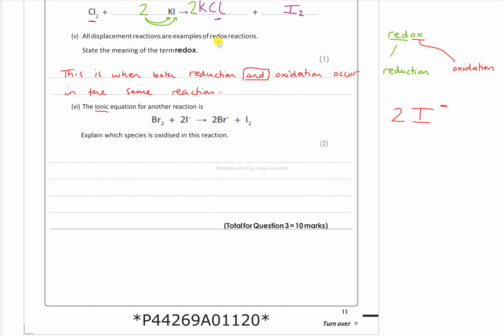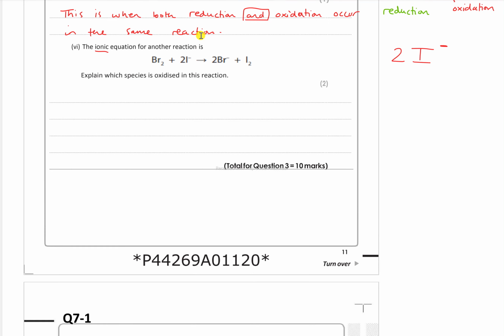Let's try to get this right. OIL RIG CAT. Learn it as OIL RIG CAT.